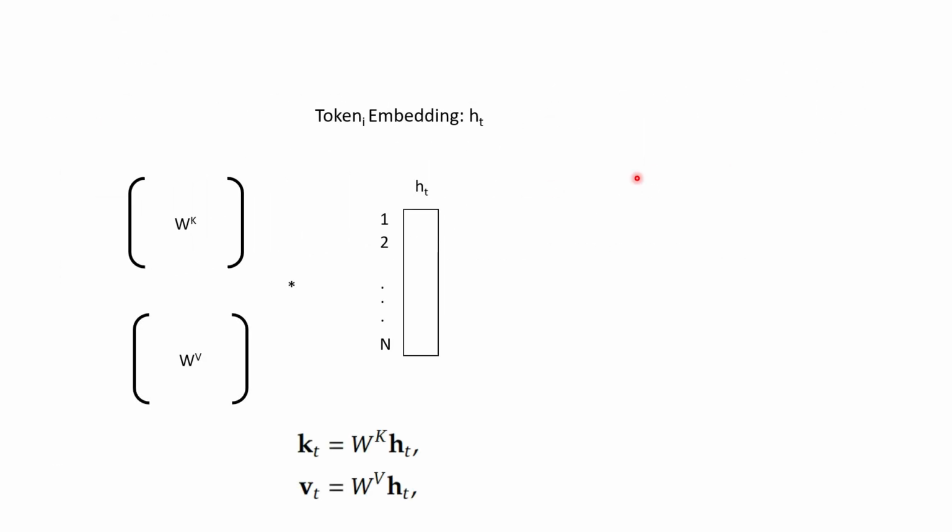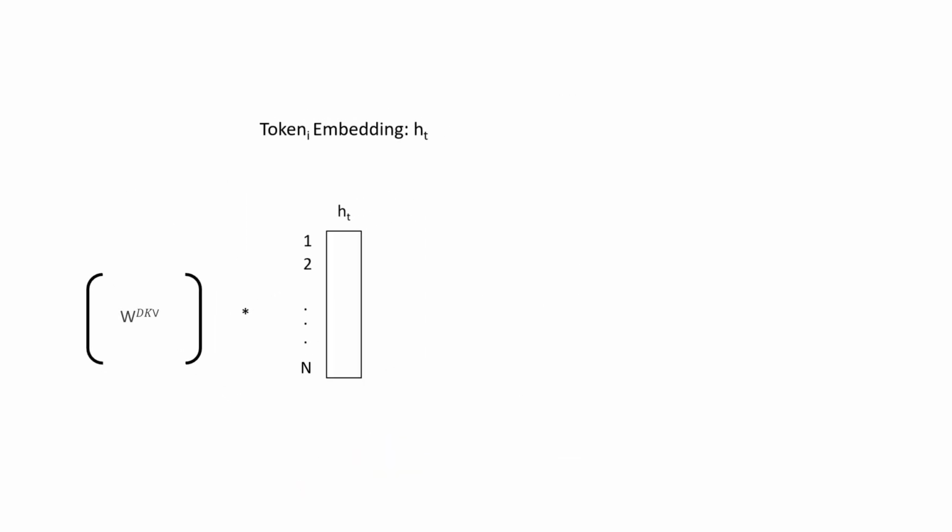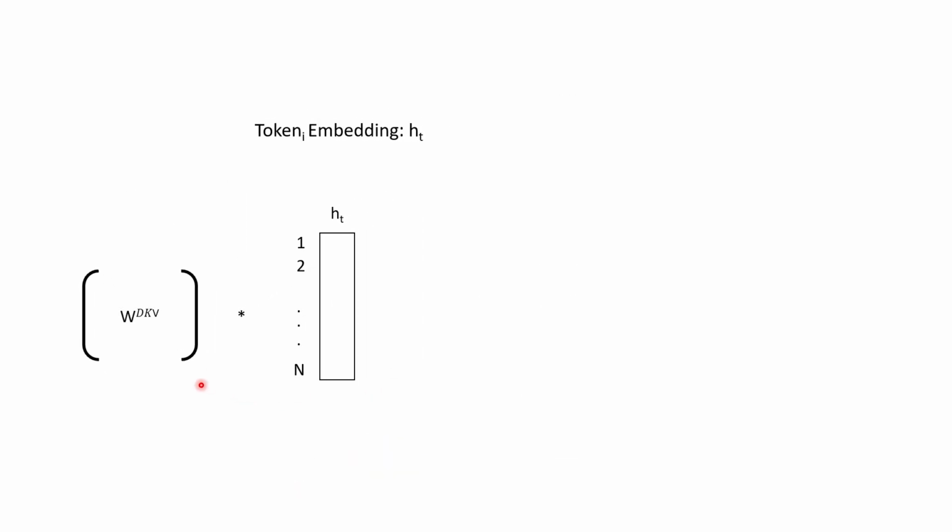As a reminder, we compute the keys and values by multiplying the input embedding vector by the respective transformation matrices. To solve this, the authors propose projecting both the keys and values into a lower dimensional space using a down projection matrix for keys and values.